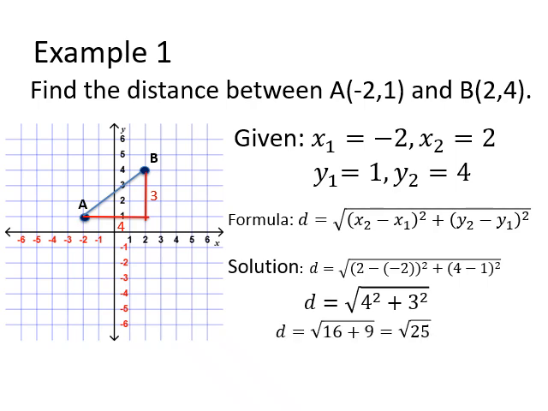So, D equals the square root of 16 plus 9. If we add them, 16 plus 9 is 25. So this is the square root of 25. But 25 is a perfect square, so we can get the square root. The square root of 25 is 5. So the answer is the distance between A and B is 5.